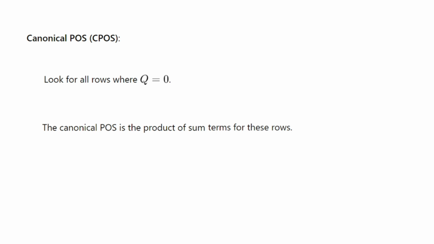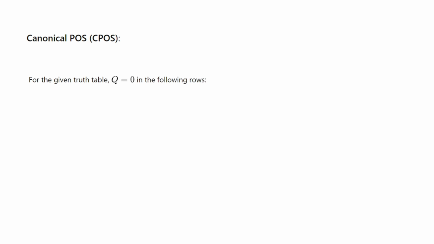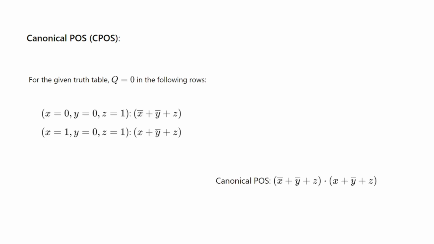The canonical POS is the product of sum terms of these rows. So we will be writing a variable if it's 0 and a negation if it's 1. For the given truth table, Q is equal to 0 in the following rows, and the result of this will be compiled as this one.